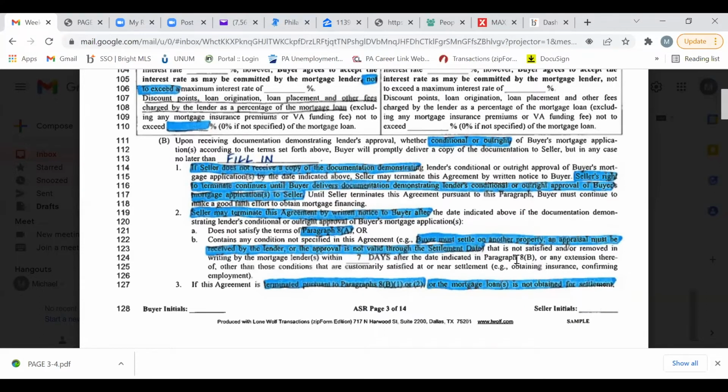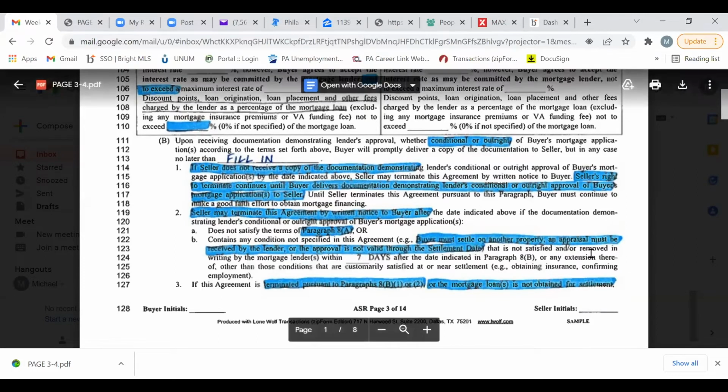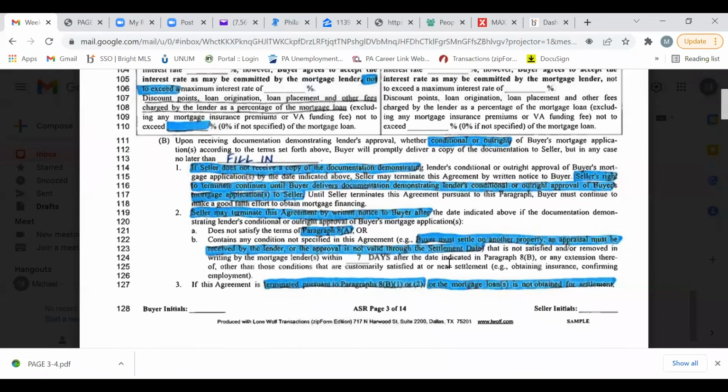And if these are not satisfied or removed in writing by the mortgage lender within 7 days after the date indicated in paragraph 8B, so whatever you filled in, or any extensions thereof, other than those conditions that are customarily satisfied at or near settlement, like obtaining insurance or confirming employment.